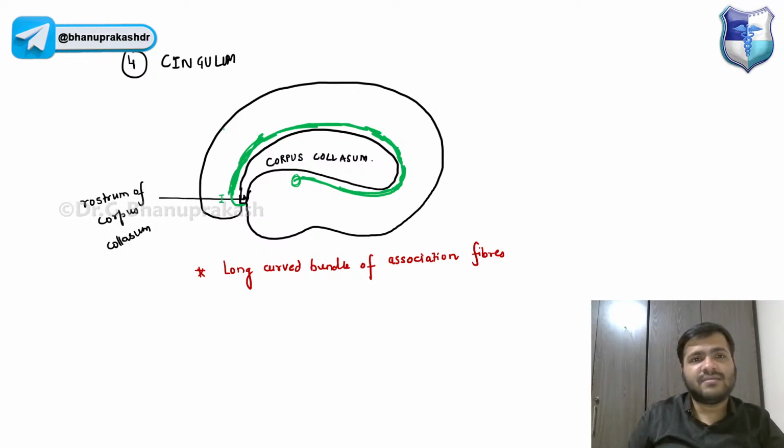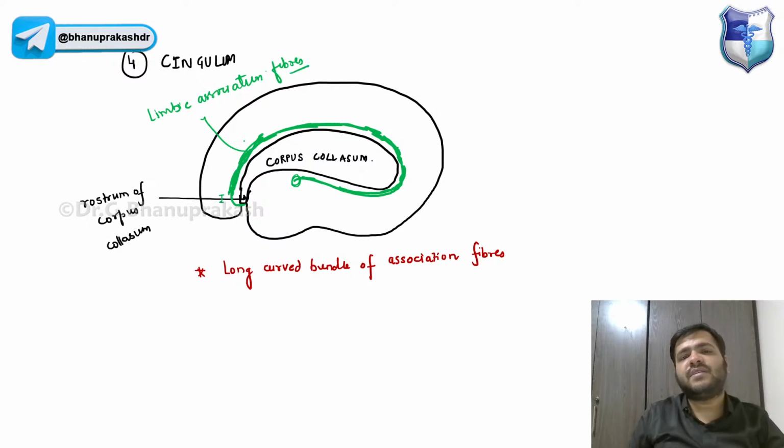That's why the cingulum is also called the limbic association fibers. कॉर्पस क्लोसम को पूरा का पूरा कवर करता है, ये ठीक है, रोस्टम से शुरू होगा फिर ये पूरा का पूरा जाएगा, ठीक है, so that is something you have to remember over here.